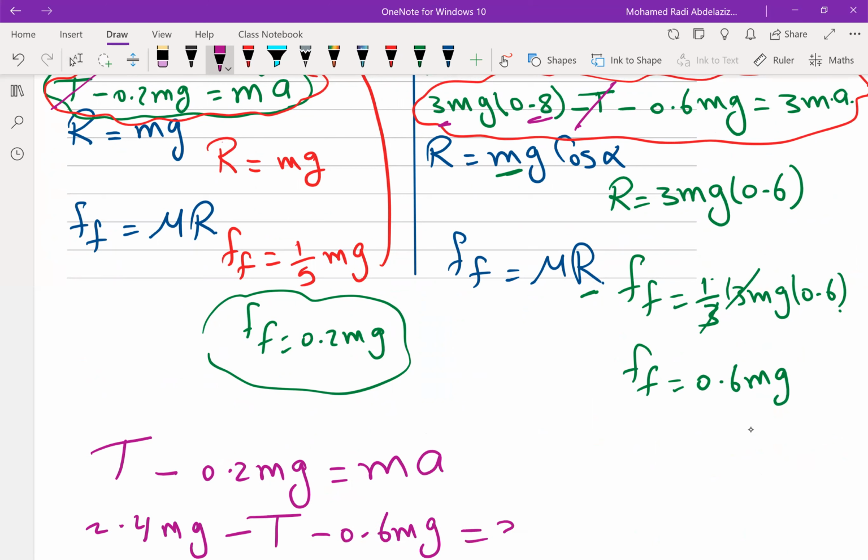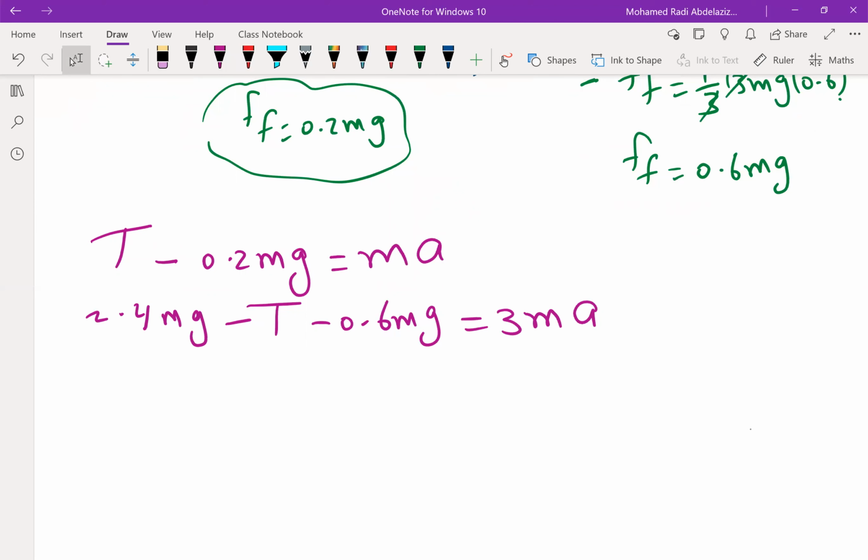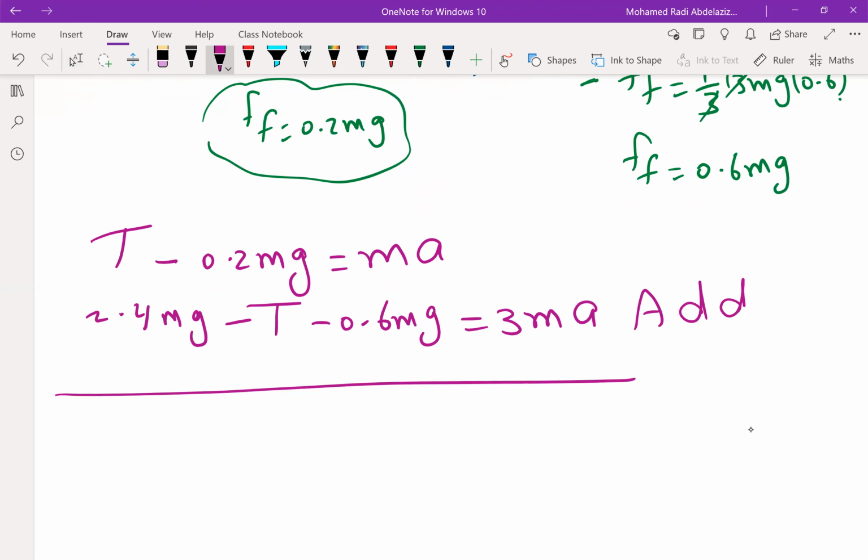By solving this system of equations using elimination, if you add, you will get the acceleration first. If you want to get the tension first, you can divide both and remove a with a, m with m, and solve the equation to get T.